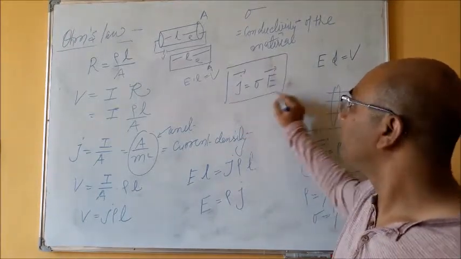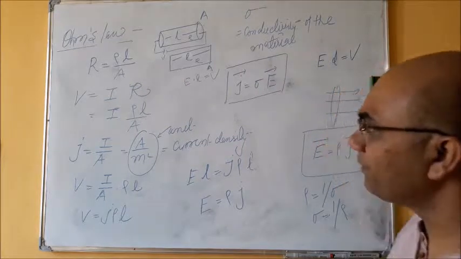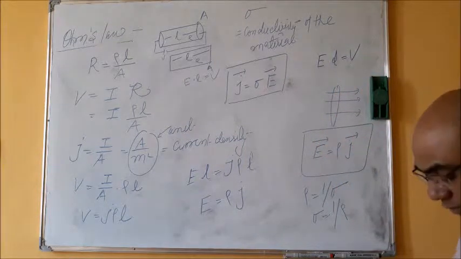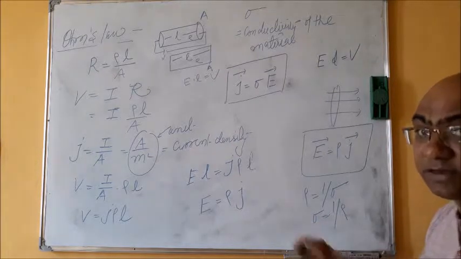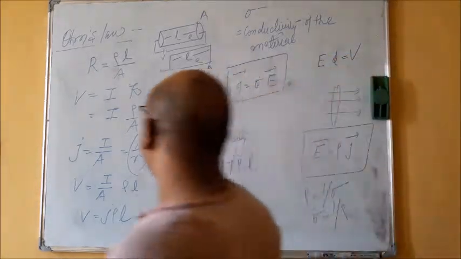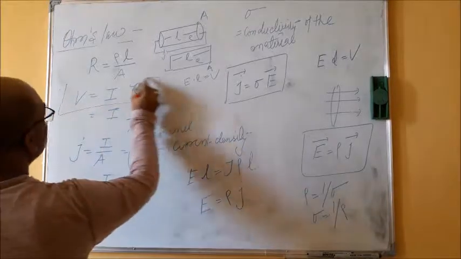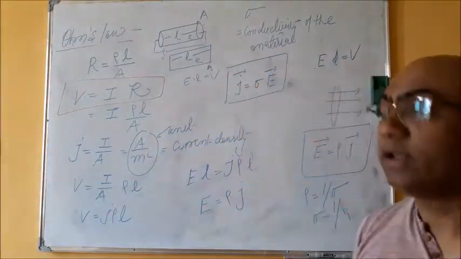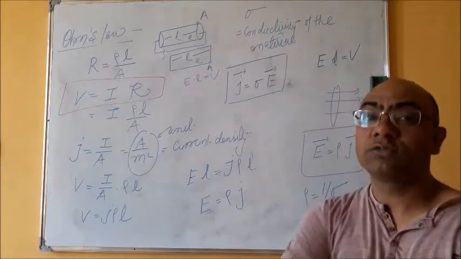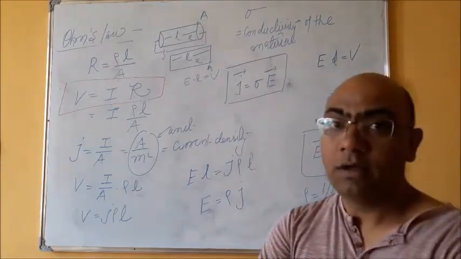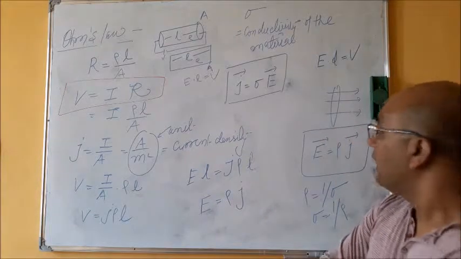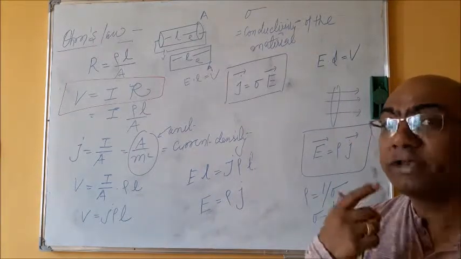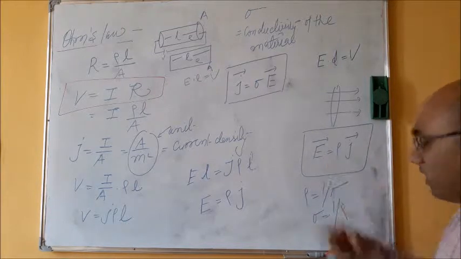So you see, either you can write Ohm's law as V equals IR, which is the most general way to define Ohm's law, or Ohm's law can also be represented by this formula.